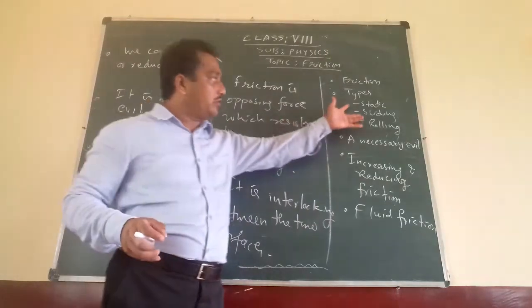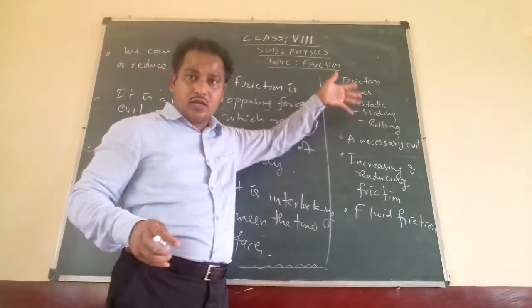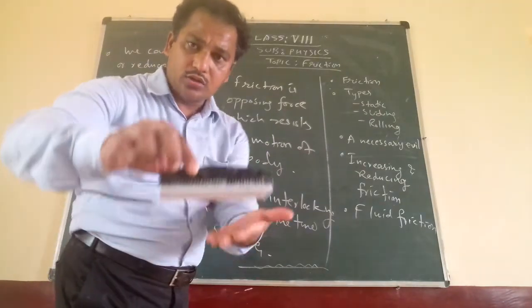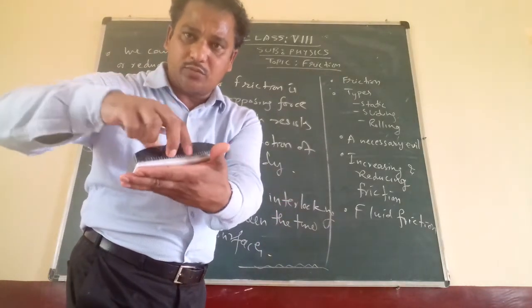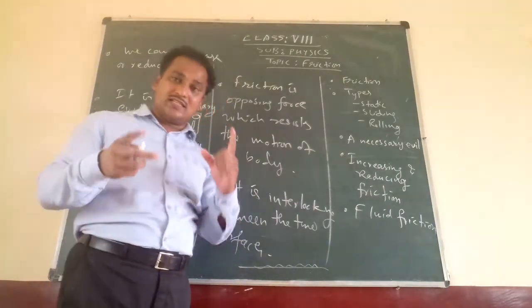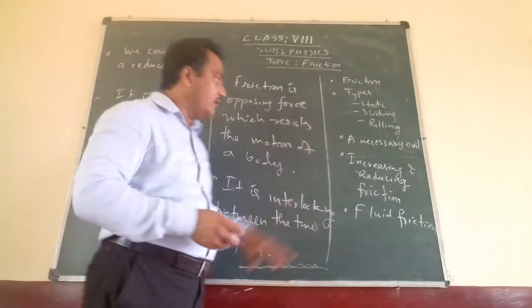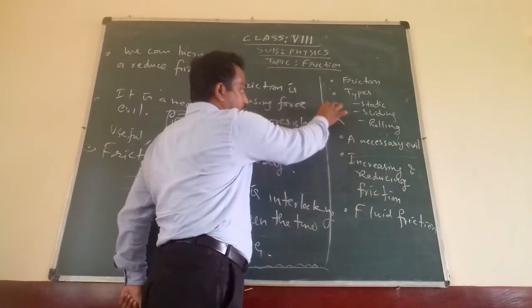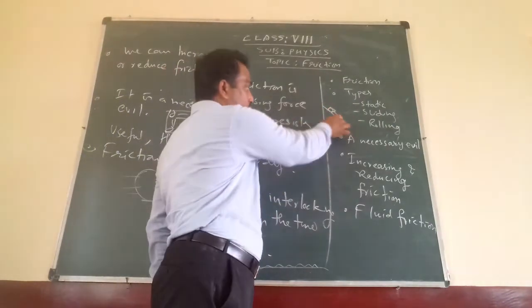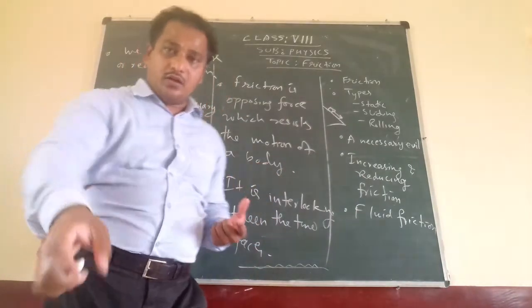Out of the three types of friction, static, sliding, rolling: static is when any object is at rest, like this duster on the table, so it is static friction. Most grip is there between the duster and the table surface. When it is sliding, like a book kept on an inclined plane sliding downward, that is sliding friction.